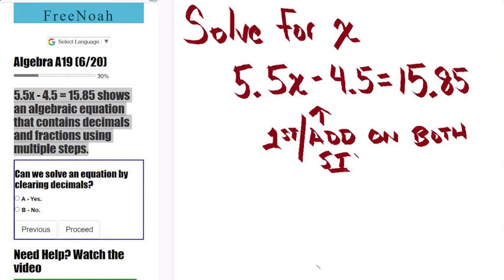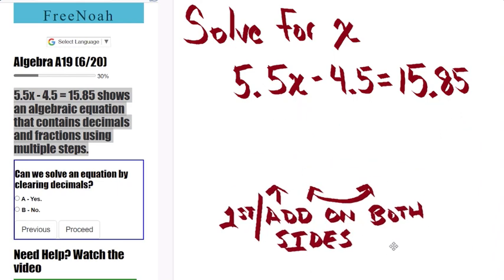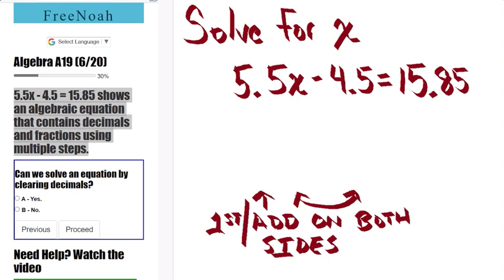It says minus 4 and 5/10, or 4.5, you can say. We're going to add 4 and 5/10 on both sides of the equation.